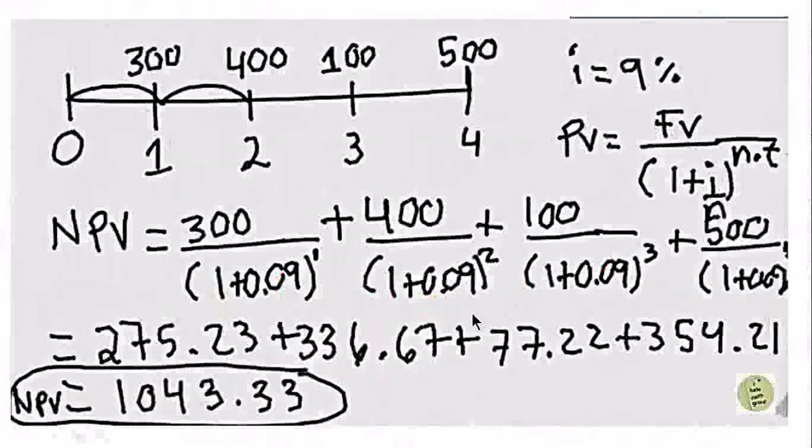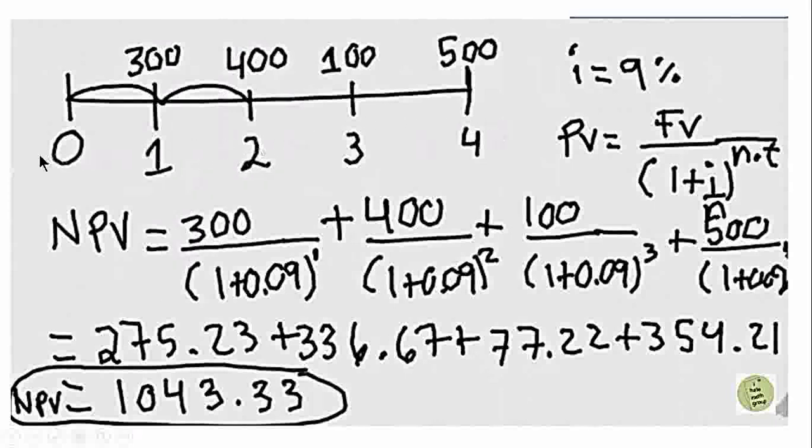So how do we calculate the NPV? Let's look at this table. These values below here represent time, and these are the amounts for each individual year. NPV, as we have already alluded to, is a sum of present values of individual items over a period of time.